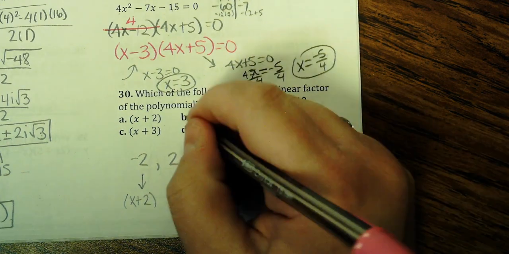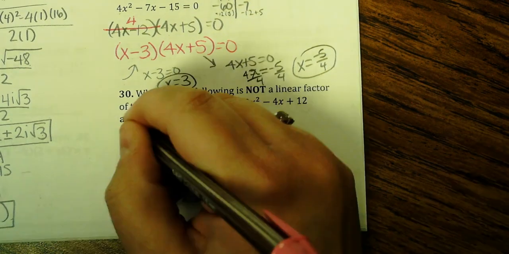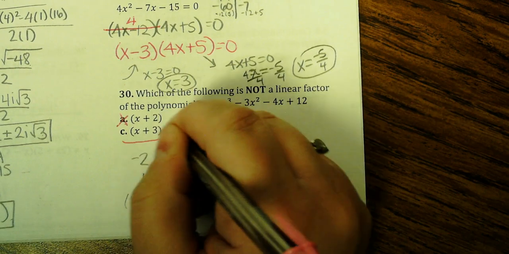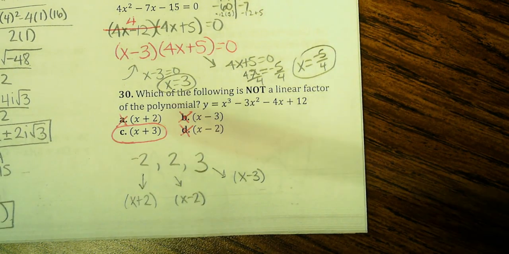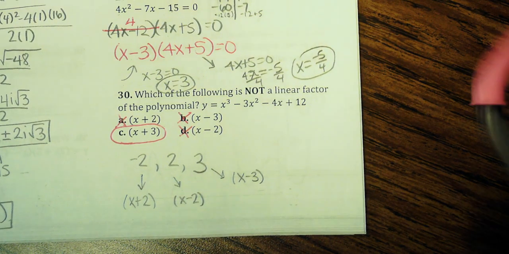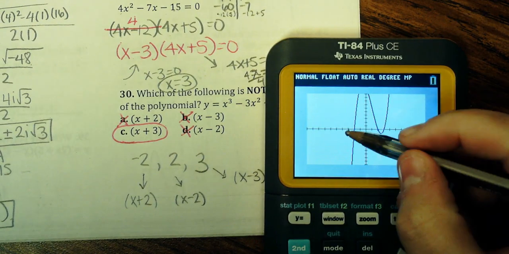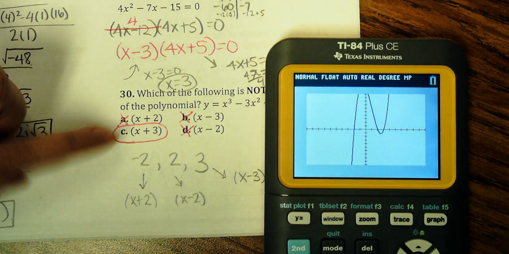So we said x minus 3 is, x minus 2 is, x plus 2 is. So the only one, the graph did not go through -3. So this is the linear factor that would correspond to a 0 of -3, which if you look back at the graph, here's -3, I'm nowhere near 0. So that's going to be the not the linear factor.